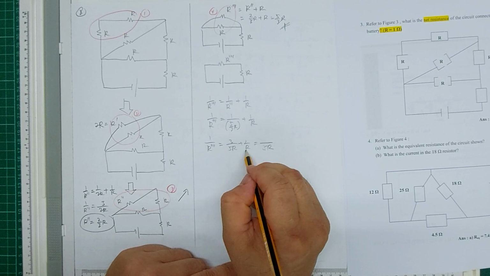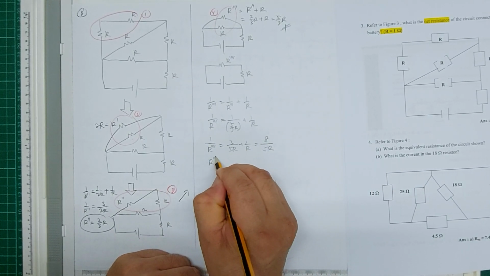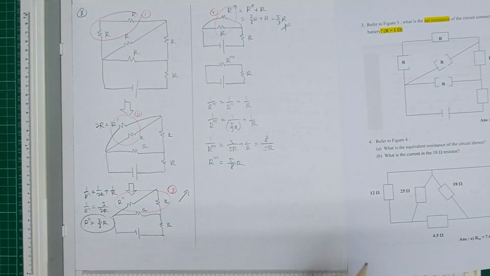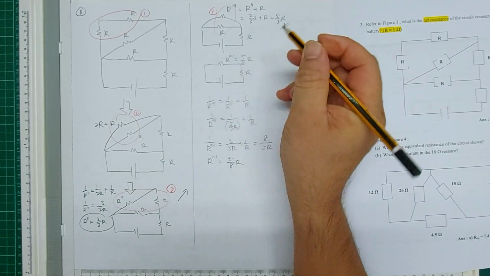So here 5R multiplied by 5 sum up become 8. So your R 4 times prime is equal to 5 over 8R. This one here is 5 over 8R.